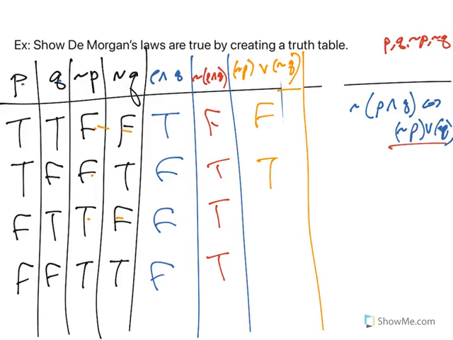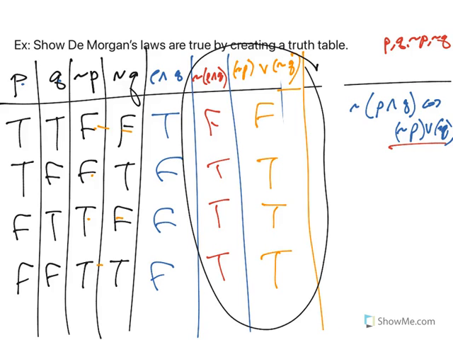False, true, true, false, true, true. Now when you compare these two, notice what you see: false, true, true, true. That shows the first De Morgan's law is true, because the left side and the right side of the if and only if have identical truth table columns.